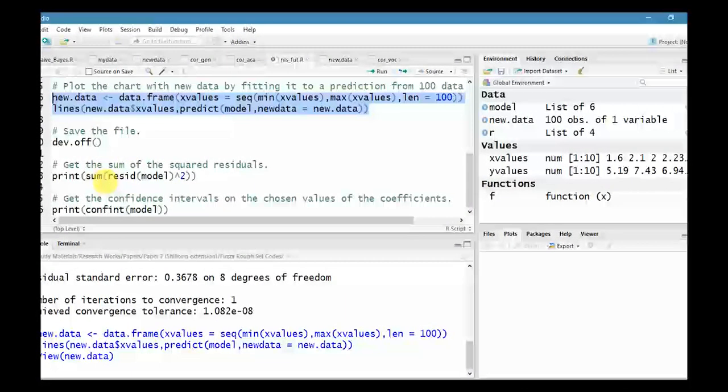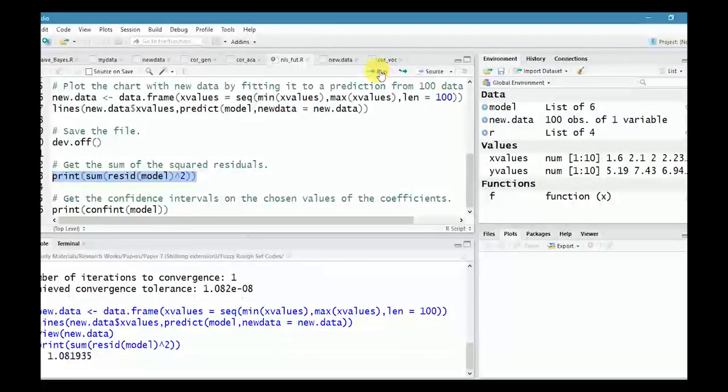Print this line, and we find the output as 1.08. This is the sum of squared residuals in case of 100 randomly selected points.